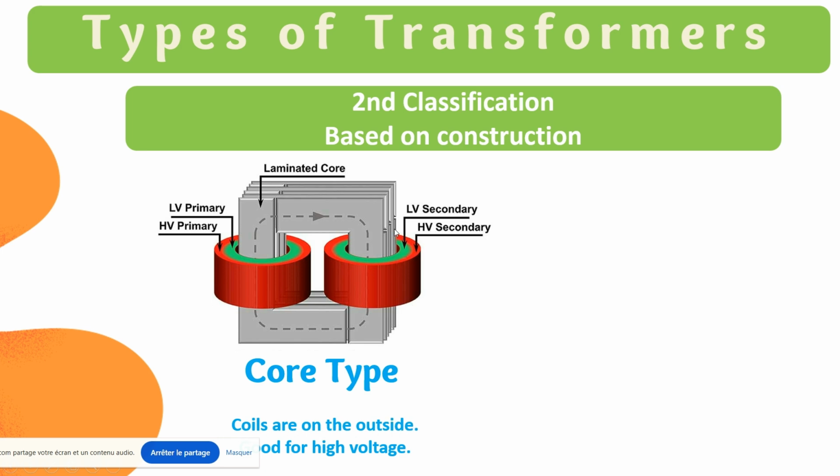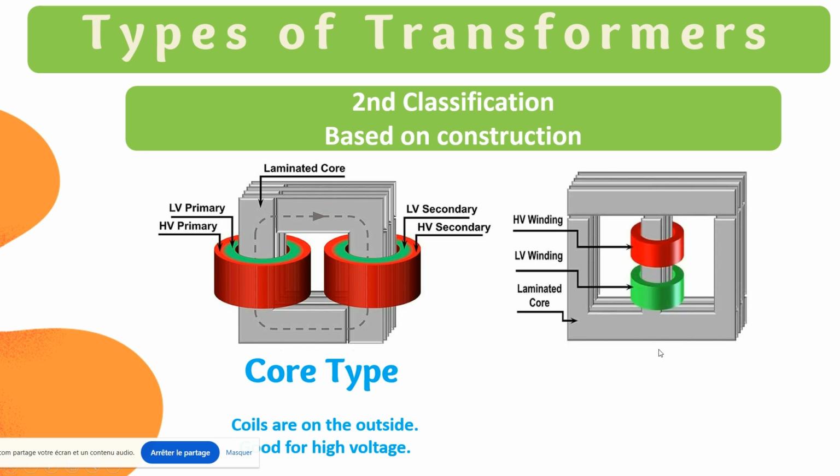Ils sont en dehors du corps. D'accord, they are outside the core. Okay, we have LV, low voltage, and we have the high voltage. Okay, and we have the low voltage secondary and high voltage secondary. Okay. And this is the first type based on the construction.